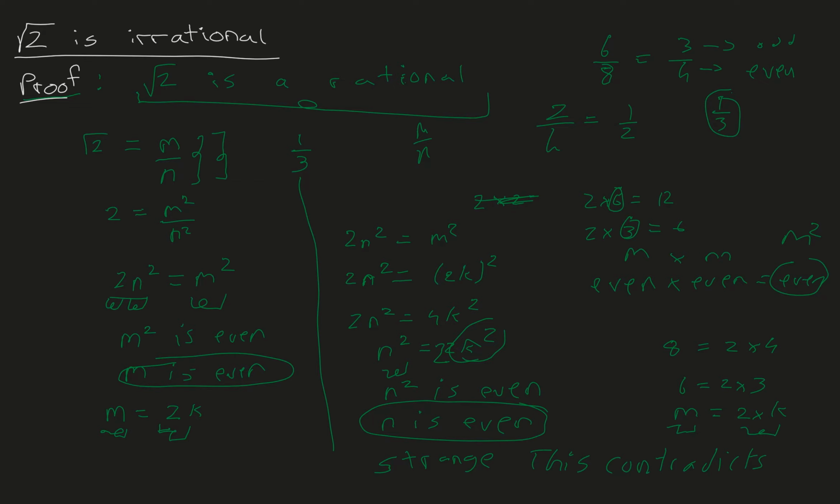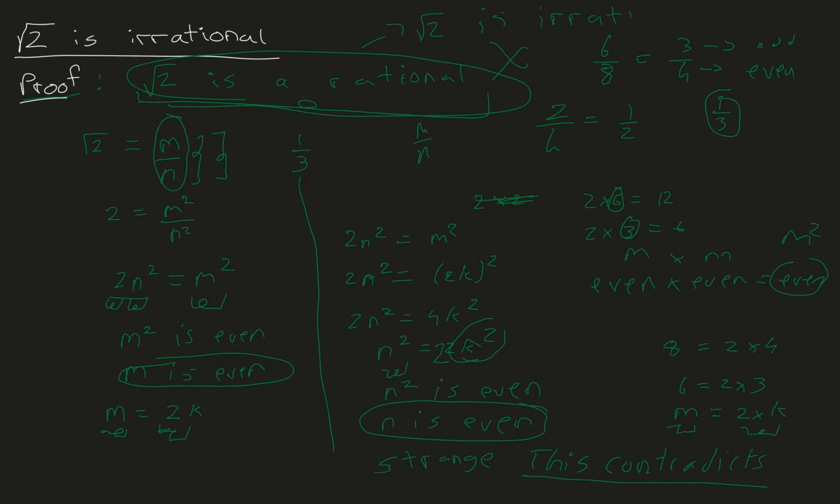But we assumed that m over n is in its reduced form and cannot be reduced further. But we are getting m is even and n is even, which means they can be reduced. So this contradicts. Therefore our initial assumption that root 2 is rational is wrong. Therefore, since our assumption is wrong, this shows root 2 is irrational.